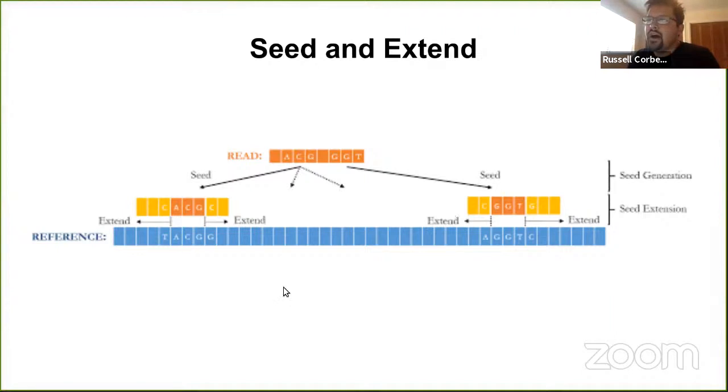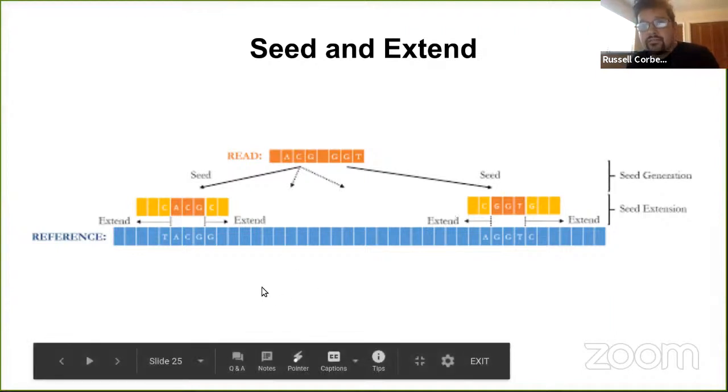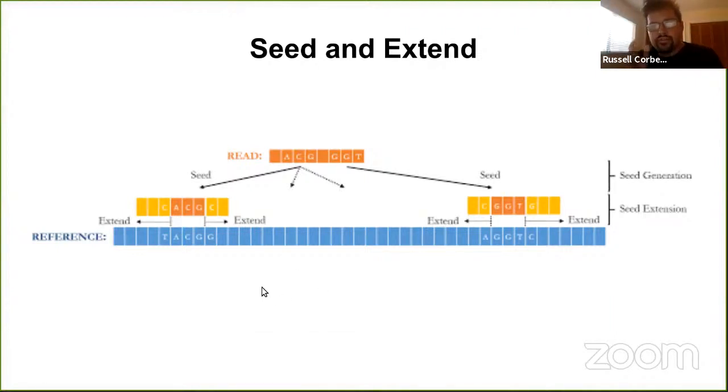The reason this is so valuable is that rather than doing a comprehensive alignment of my short read sequence against the whole genome, I've prioritized a few spots where it might really go, because I found one of these super maximal exact matches of some length, and I can just optimize that alignment locally in a relatively small part of the genome very quickly. If I tried to align this thing to the entire genome perfectly from the get-go, it would take forever, and it would be a very hard problem. Okay, that's the short version.